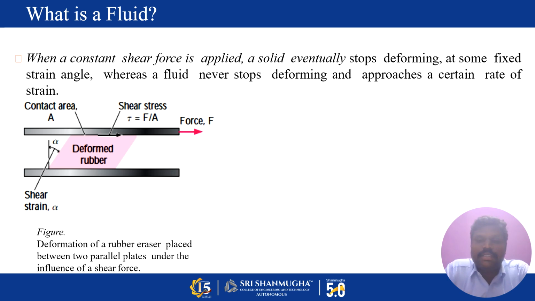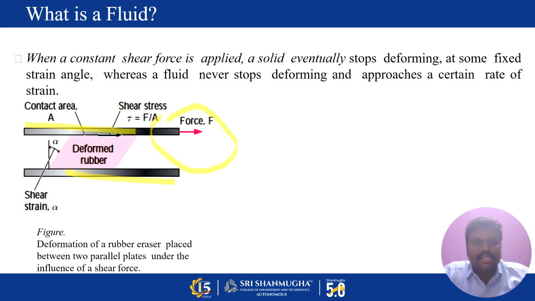Here, let me go to what is a fluid. A constant shear force is applied to a solid boundary, here between two plates. The solid eventually stops deforming at some fixed strain angle, whereas a fluid never stops deforming and approaches a certain rate of strain.